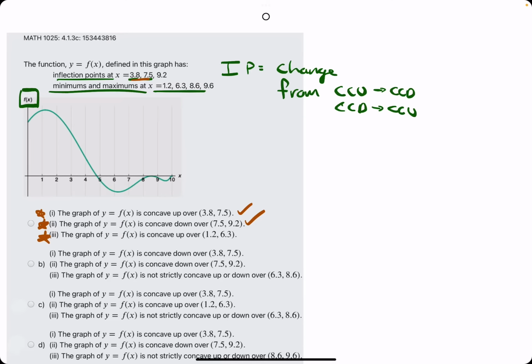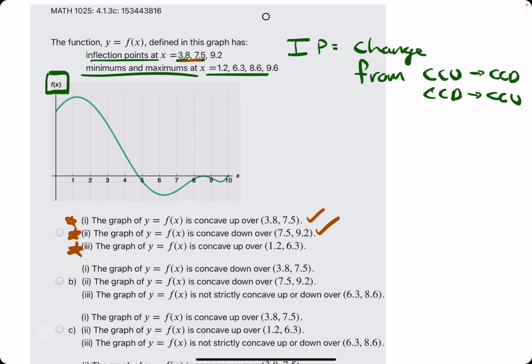Then number 3, they say the graph is concave up from 1.2 to 6.3. Notice that these are the x values of the max and the min. We can see pretty clearly just by looking at the graph from max to min. When we're at a max, the graph is concave down, right?